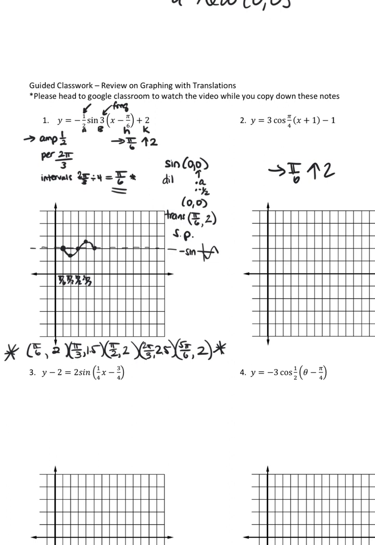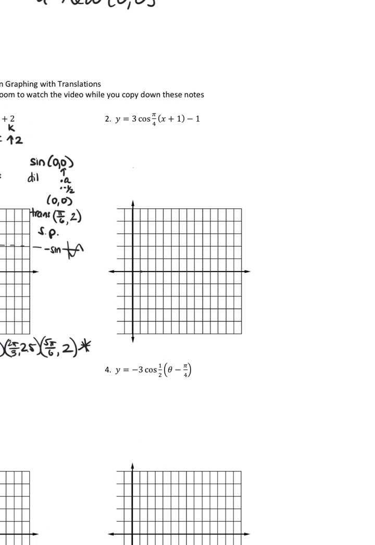Right pi over 6 is just 1 to the right and up 2. That's your new origin. And then you can graph accordingly, just like we did on day 1. So sine always starts at the origin. And then we're going down half, back to the baseline, up half, back to the baseline. So that would be a third way you could do it if you didn't want to do it mathematically this way.